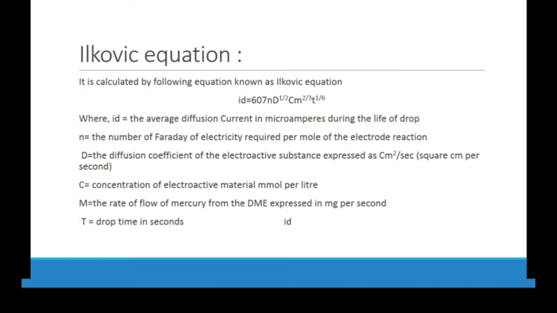From the half-wave potential, you will know which substance is present, and for concentration, the diffusion current ID is directly proportional to the concentration. It will tell you the concentration of the electroactive material in millimoles per liter. Half-wave potential for identification, diffusion current for concentration.